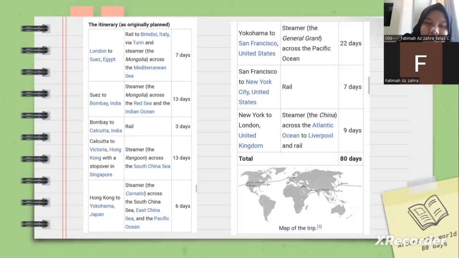The writer gives us the picture of the map and shows the route of the journey around the world. It's perfect, and so I totally agree with the idea of the writer.